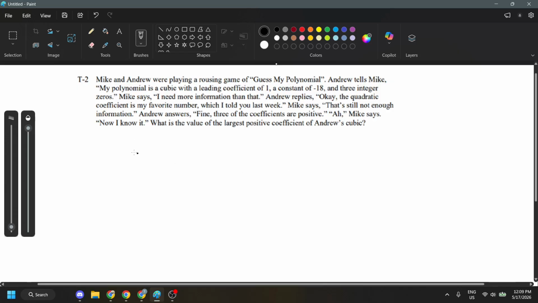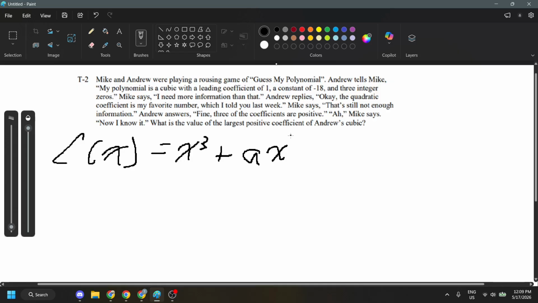So the cubic of x is going to equal x cubed plus bx squared plus cx minus 18.